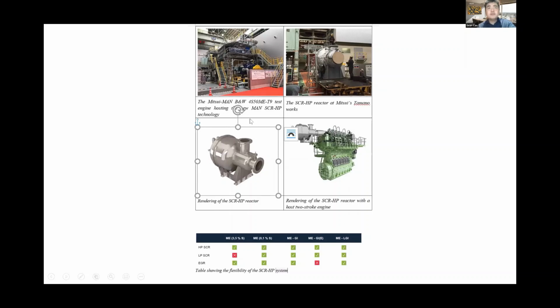So this is the company called Cummins. What does Cummins produce? Cummins produces engines. A lot of you like BMW, you like Mercedes-Benz.